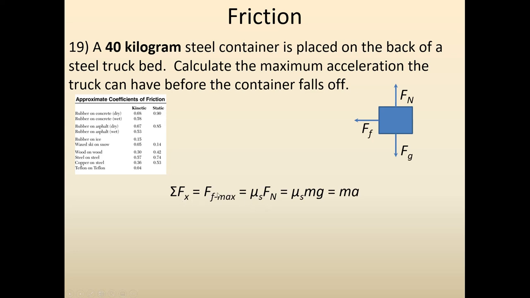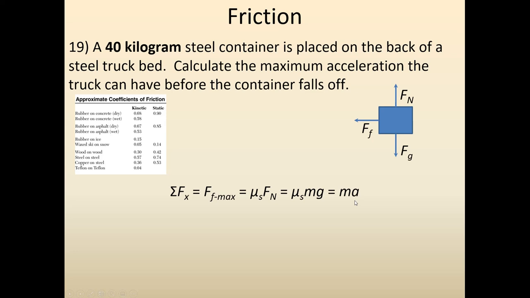So I set the net force equal to the maximum static friction force, mu Fn. I didn't write this, but because the sum of the forces in the y is equal to 0, I know that Fn has to equal Fg, and Fg equals mg. So that's where this setup is coming from. So I know that the net force is equal to this, which is equal to ma.